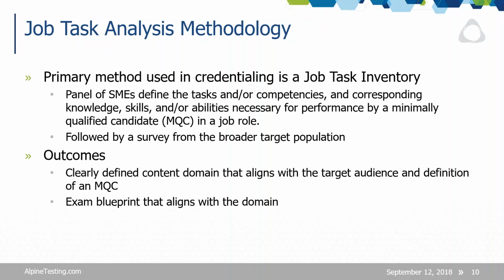And I don't mean minimum performance in a negative way. Whenever we're going to make a decision whether somebody does or doesn't get a license or earn a credential, we tend to think about somebody who's at that transition point between somebody who's not qualified to earn the credential and somebody who is qualified.